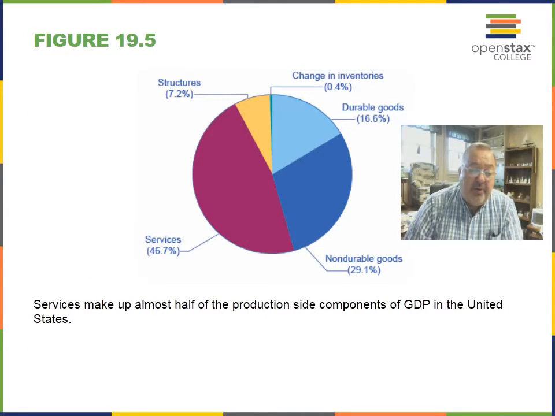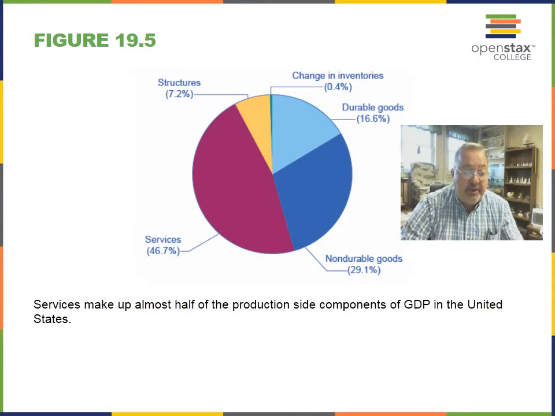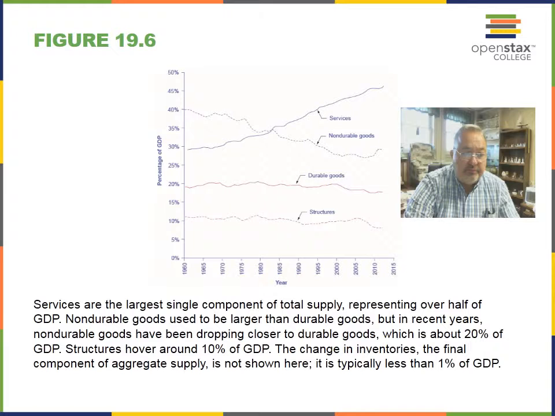Services are a big part of our production in the United States. Services make up 46.7% of all of our production. I know we have non-durable goods, durable goods, and structures that make up the rest of that production here in the United States, but services are a big industry here. As you can see by this graph, services have had a steady increase over the past 50 years.